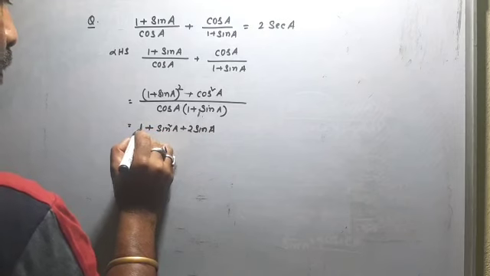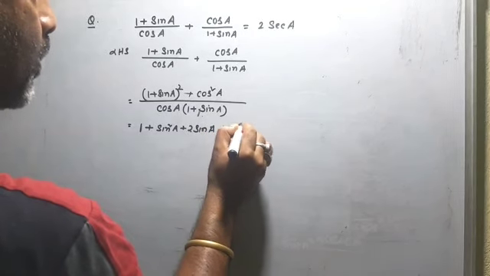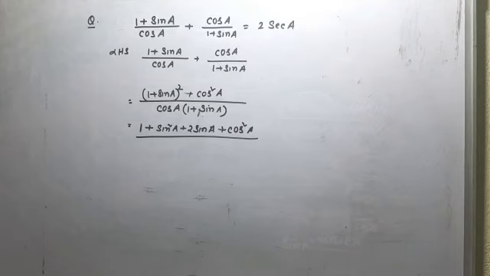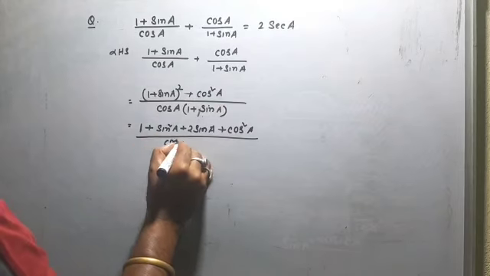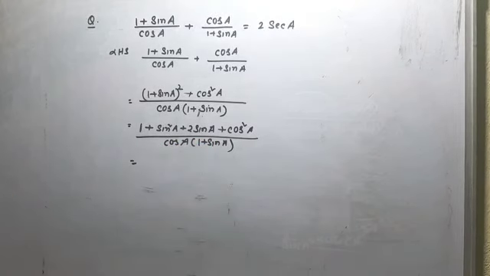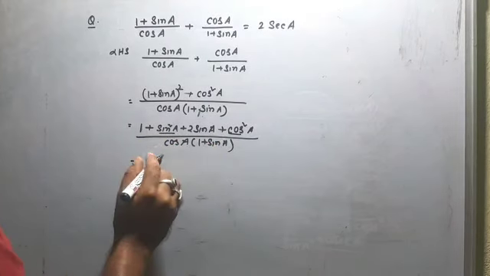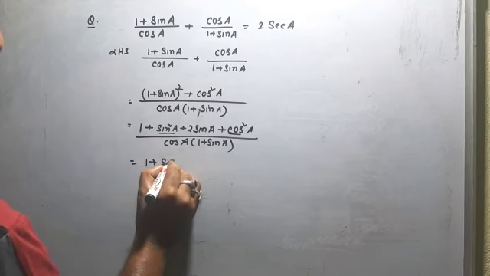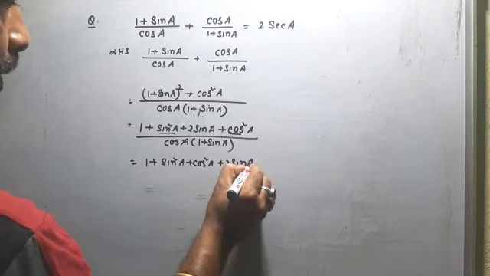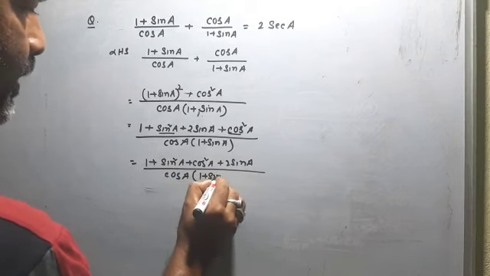So a means 1, so 1 plus sin square a plus 2 sin a, 2 into 1, that is 2, plus cos square a. And here again you write cos a plus 1 by sin a. Now this sin square a plus cos square a, if I combine, that is 1, that means 1 plus sin square a plus cos square a, then you write 2 sin a by cos a into 1 plus sin a.